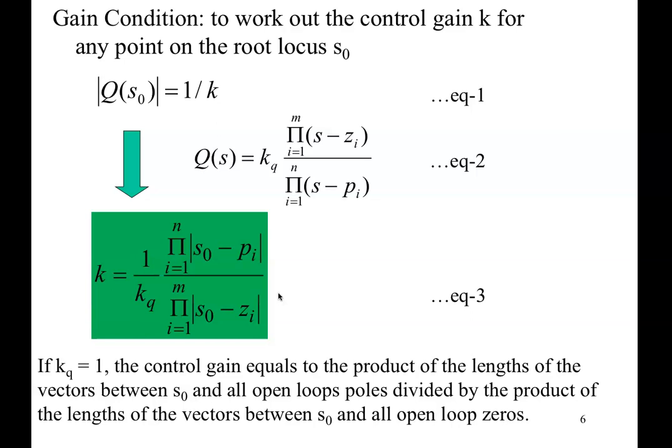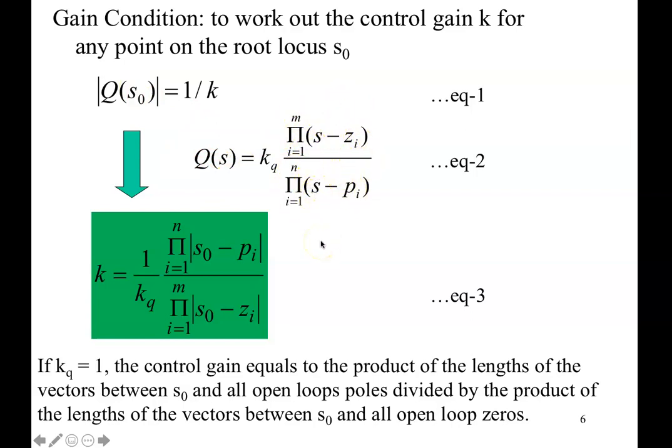The gain condition, that's the first condition that we use. The gain condition says the absolute value, or the magnitude, of Q, the open loop transfer function, when I replace s by this particular value, should equal 1 over K. In other words, K should equal 1 over this. Now suppose Q comes with a number of zeros and a number of poles.